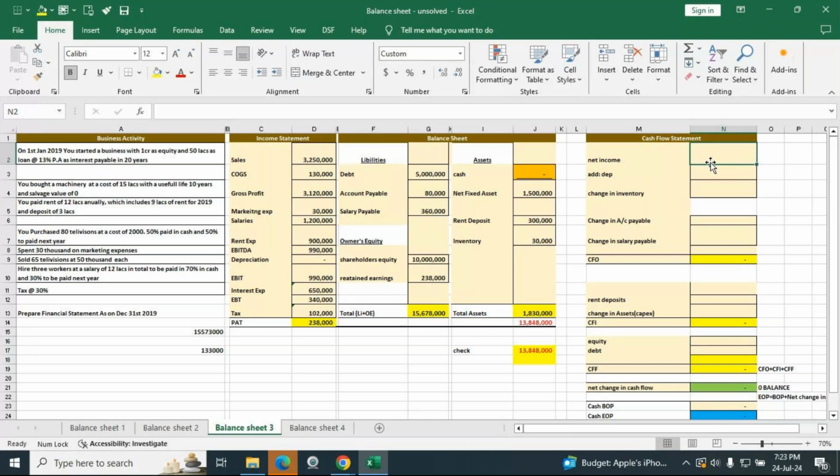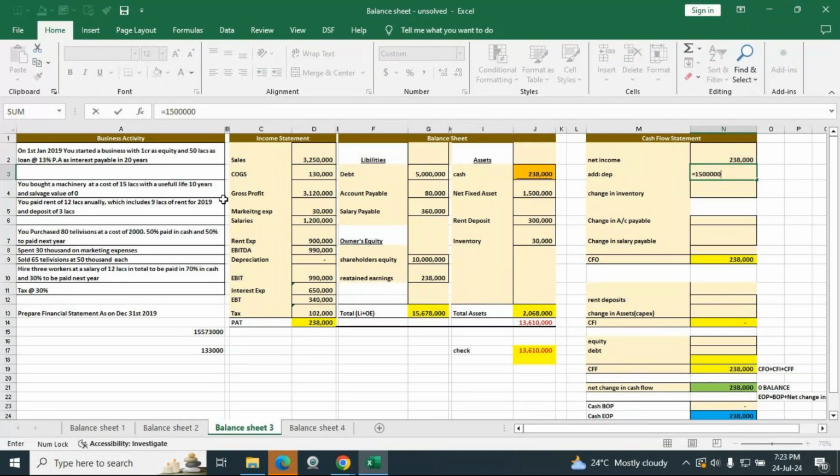Net income will be my retained earning, isn't it? Then depreciation. How much did they tell? On that 15 lakh rupees worth machinery, 10 years of useful life, 15 lakh divided by 10, so it is 1,50,000, isn't it?